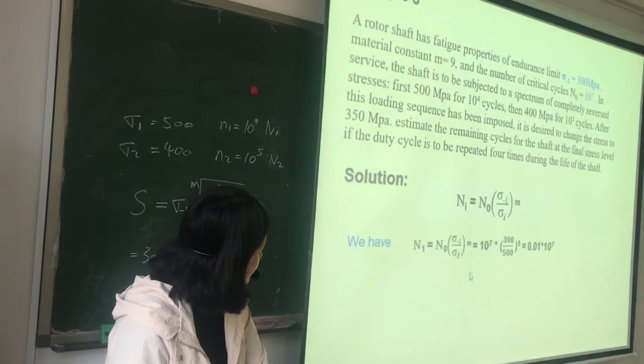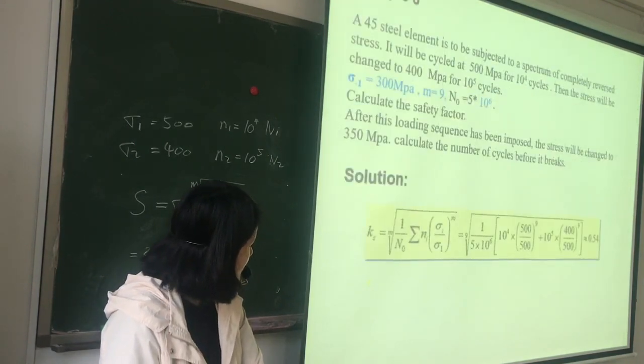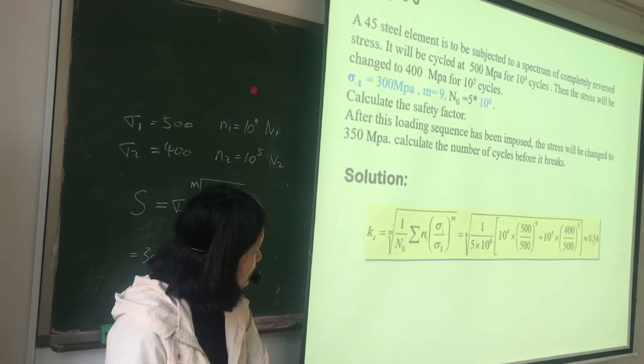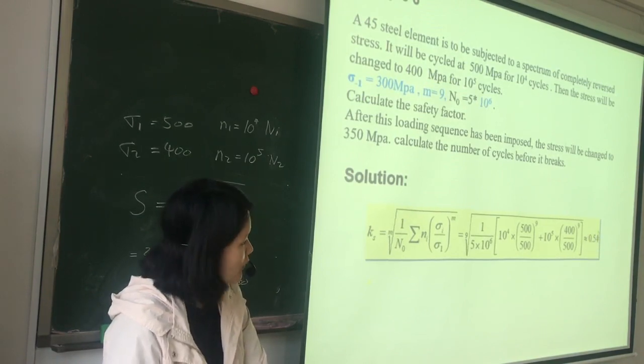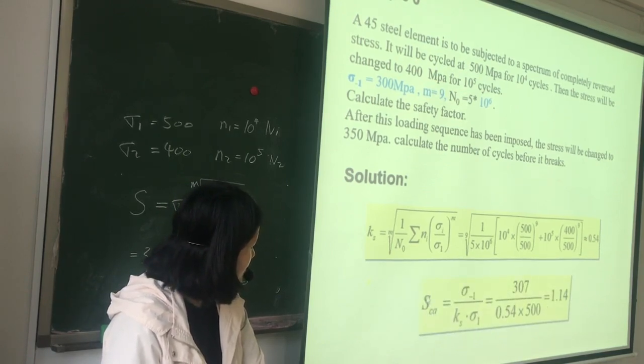So Ks is 0.564, and sigma Ca is sigma minus 1 divided by Ks times sigma 1.